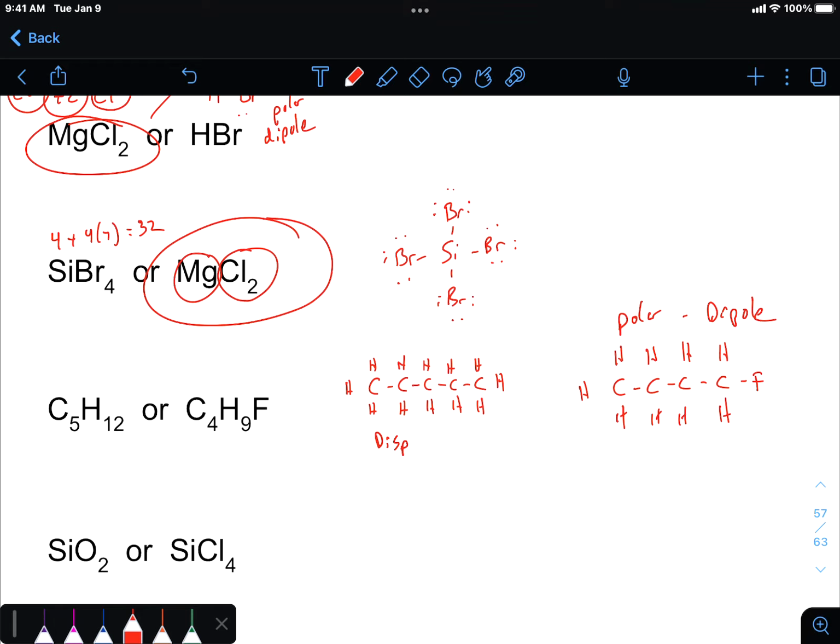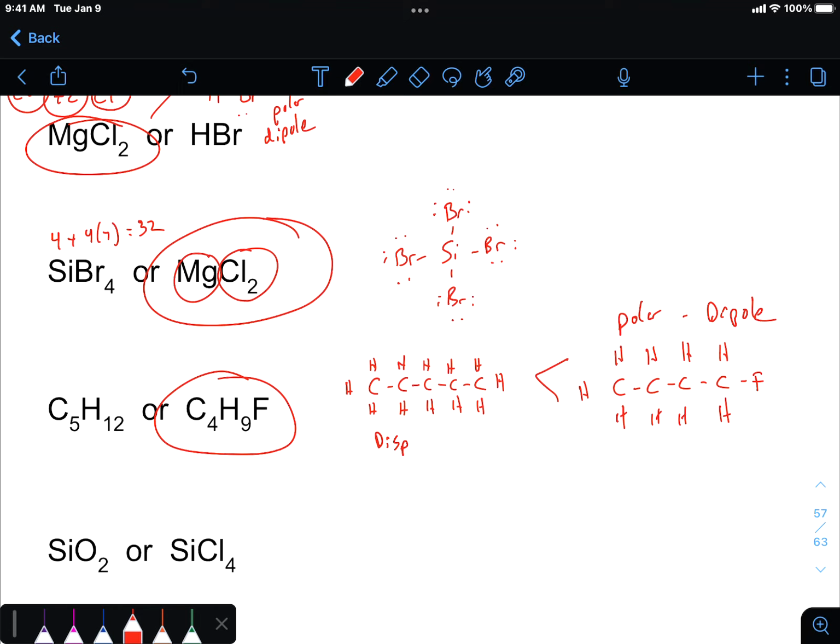Now, if we were to add up the electrons, the electron count would be very similar. But the simple fact that they both have similar numbers of electrons, but one of them is polar, one of them is not, means that this is going to have the stronger attractive forces, and higher boiling point. Is this starting to make more sense? Okay.